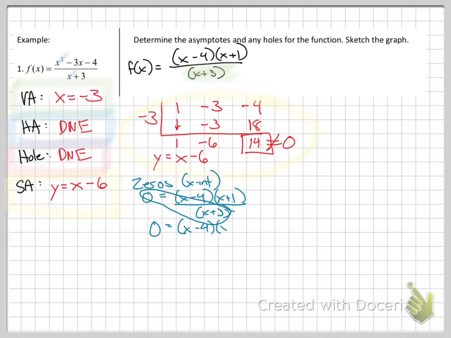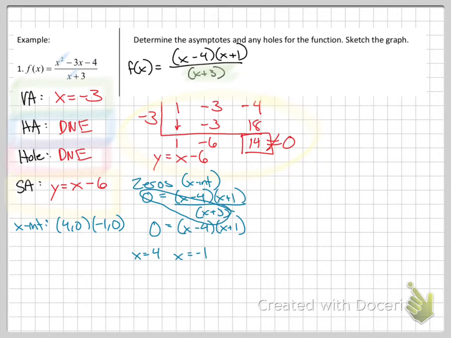For zeros, only the top matters. So the top is going to give me my zeros, or my x-intercepts. Zero product property is going to give me x equals 4, and x equals negative 1. So my x-intercepts are (4, 0) and (negative 1, 0).